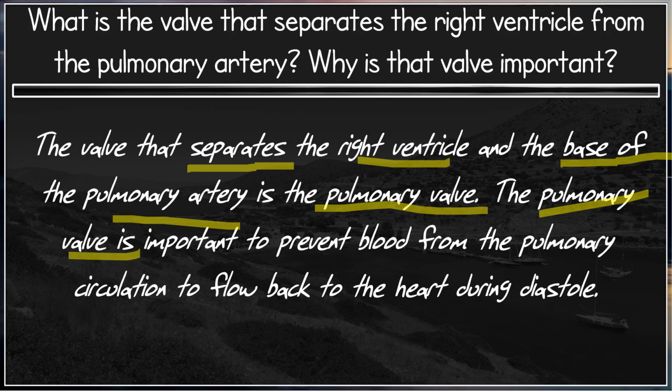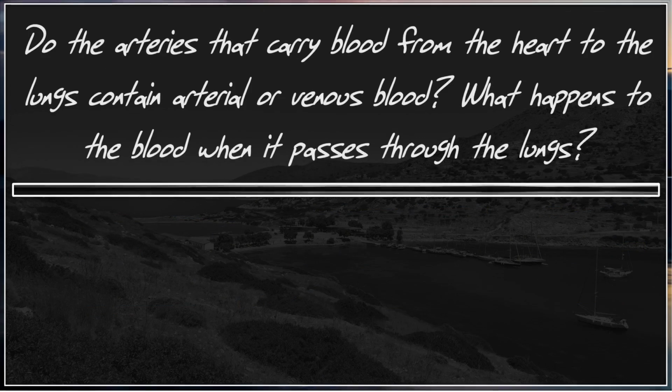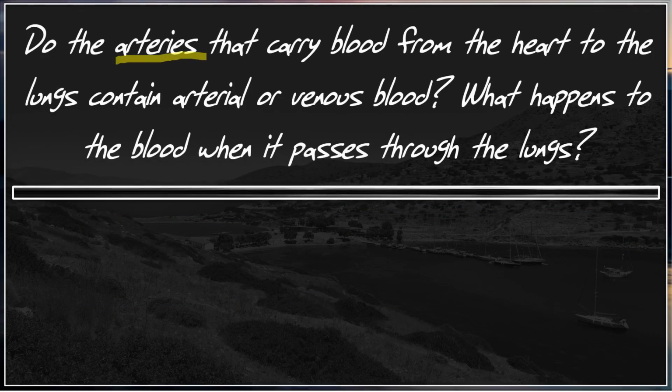Pulmonary valve is important to prevent blood from the pulmonary circulation from flowing back to the heart during diastole. The arteries that carry blood from the heart to the lungs contain venous blood.